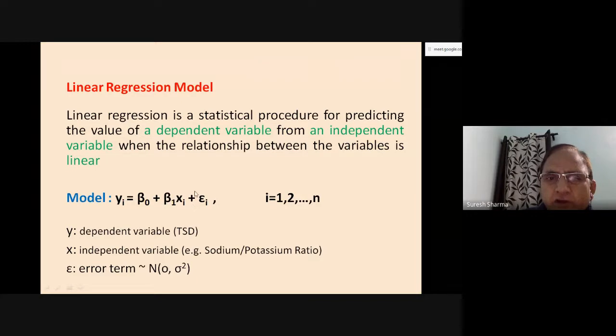Forget about this epsilon. If you consider up to this, it is the equation of a straight line, yes or no? If you forget about epsilon, then this is the equation of a straight line, y is equal to mx plus c, or you can say y is equal to a plus bx. Now, if you have the equation of a straight line, that means all the points are on the straight line basically.